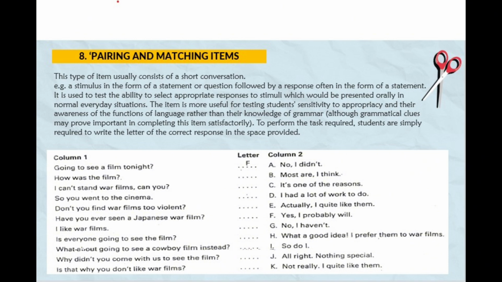The item is more useful for testing students' sensitivity to appropriacy and their awareness of the functions of language rather than their knowledge of grammar. To perform the task required, students are simply required to write the letter of the correct response in the space provided. And we can see here the examples of pairing and matching items type.